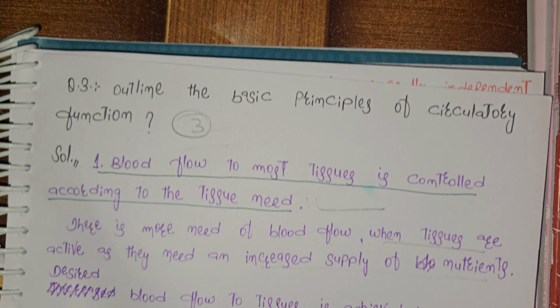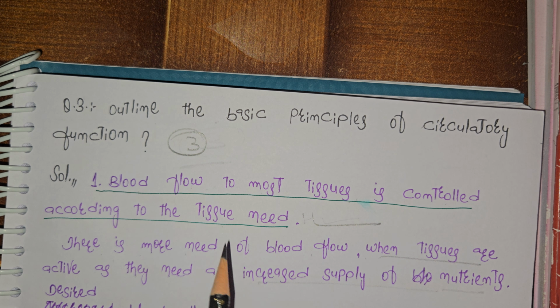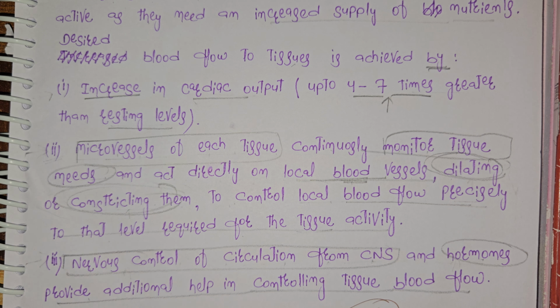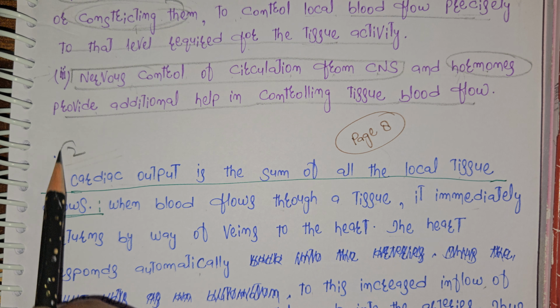Our principle was that blood flow to most tissues is controlled according to the tissue need, and these are the mechanisms by which it is done.